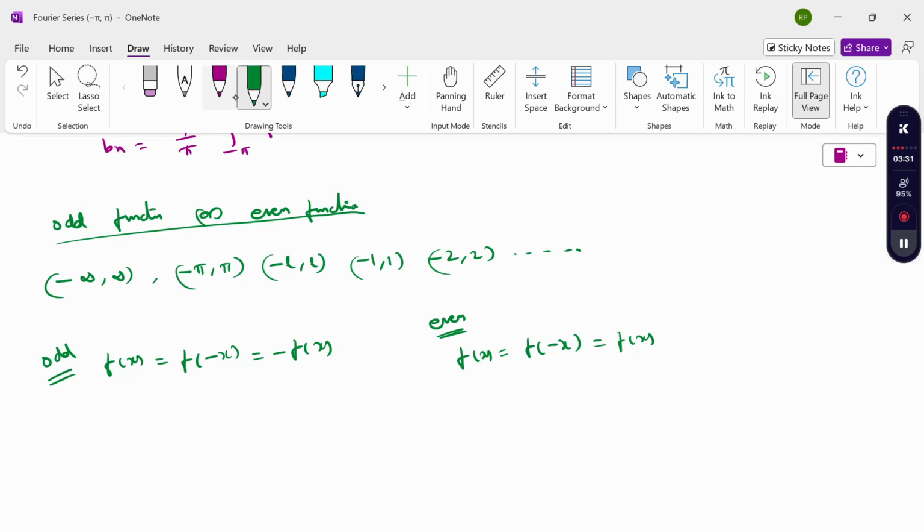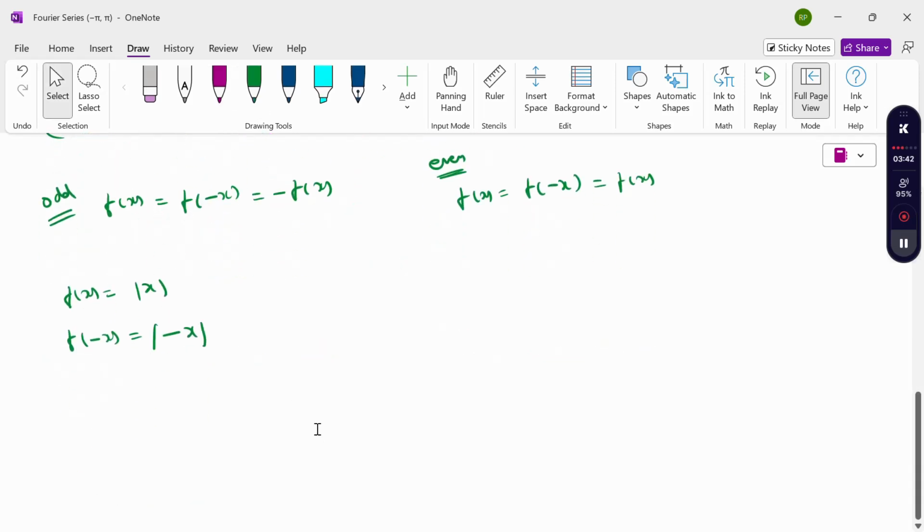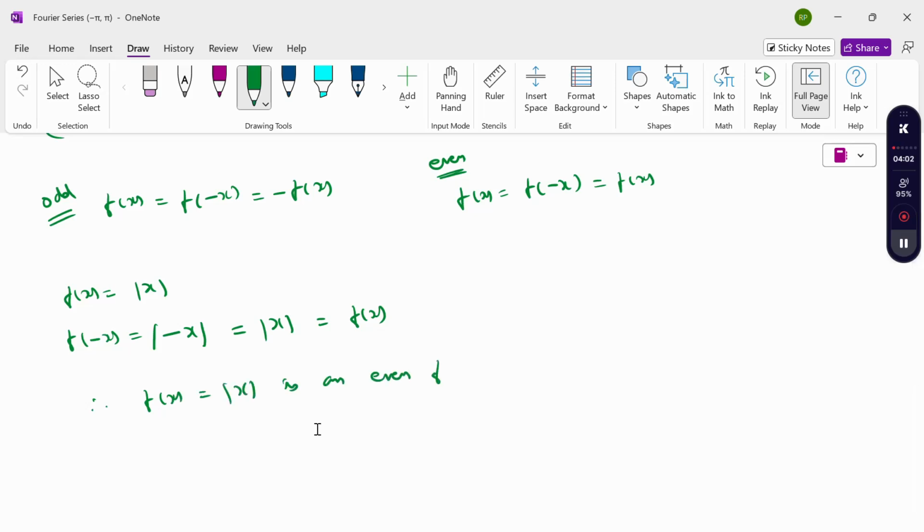Here f of x is modulus of x; when I replace x by minus x, it is modulus of minus x, which is nothing but modulus of x, the positive x. Therefore f of minus x is again f of x, so f of x equal to modulus x is an even function.